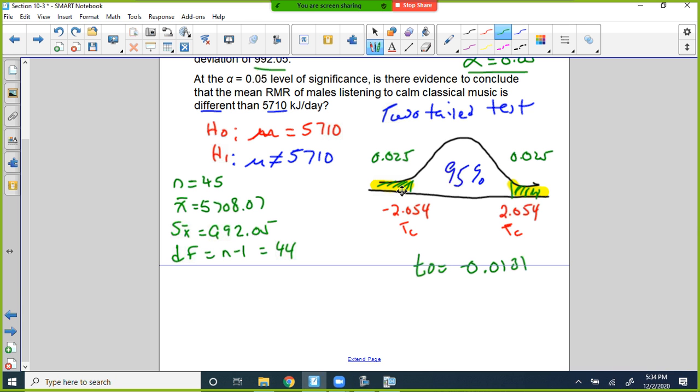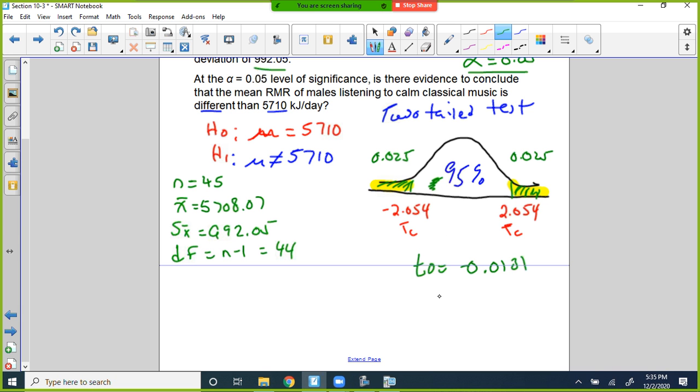If it did, then we would reject the null, right? If it fell in those regions, we would reject it, whether it was negative or, guess what, positive. So it falls in here, somewhere in there.